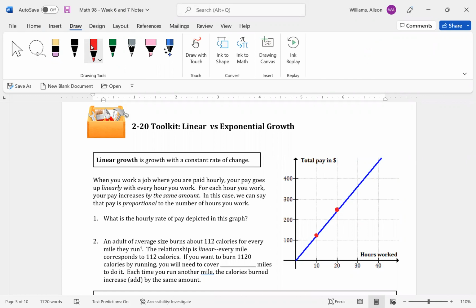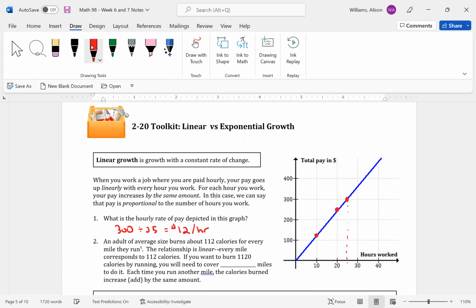I do notice though, right here, it looks like halfway at 25 hours, we hit $300 in pay. So if I grab my calculator and do 300 divided by 25, I get 12. So I'm thinking it's $12 per hour.